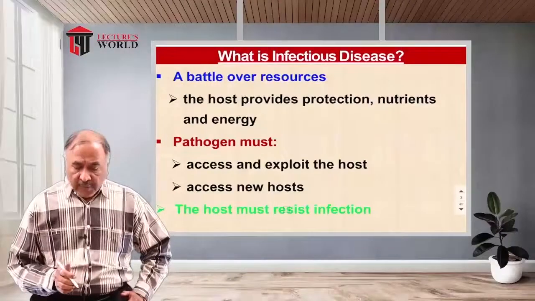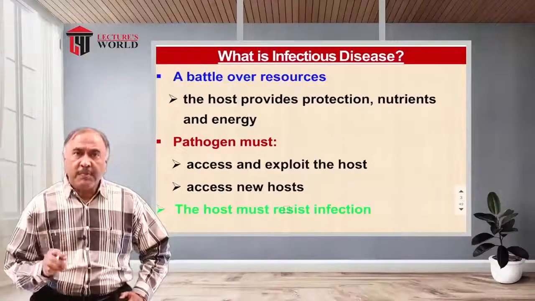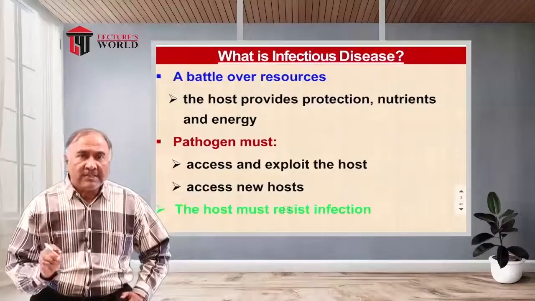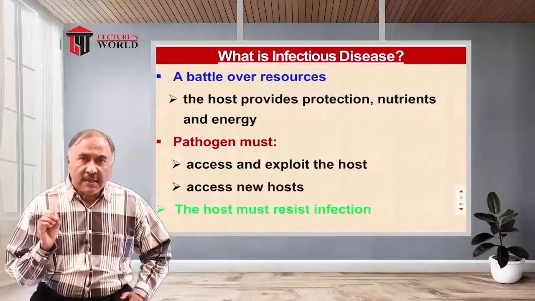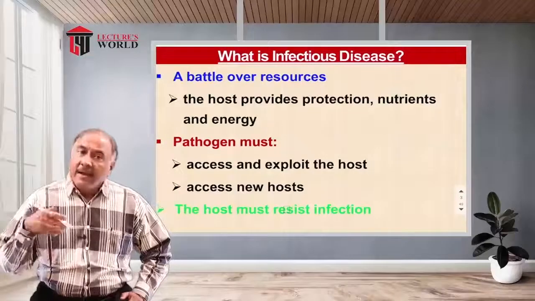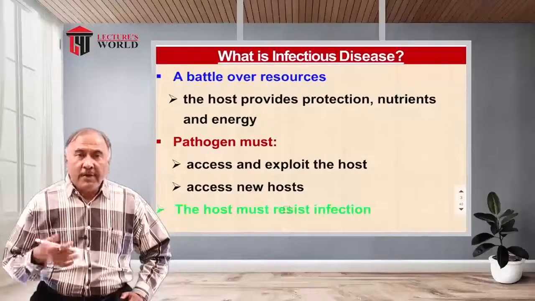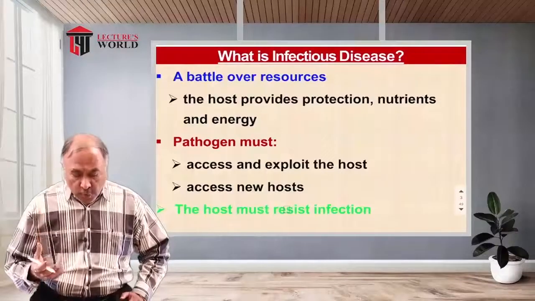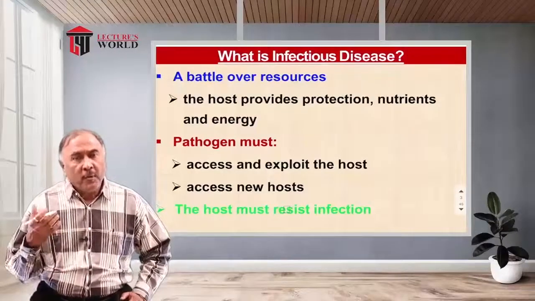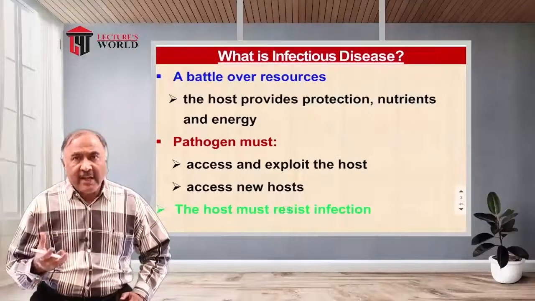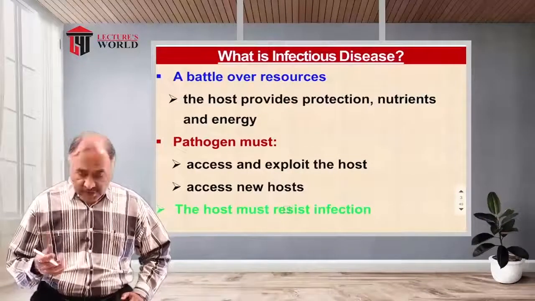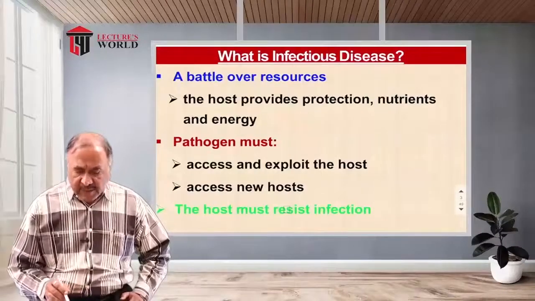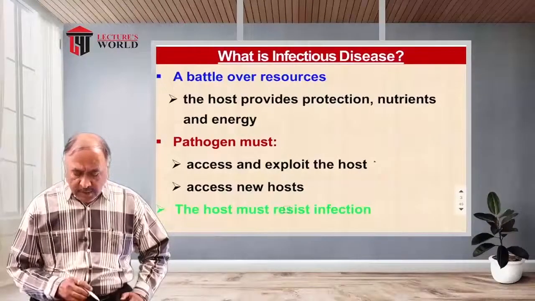It means the pathogen should be able to go to and establish itself in the host, should be able to obtain nourishment, should be able to grow, should be able to attain the energy as well as the protection. So the pathogen must access and exploit the host.